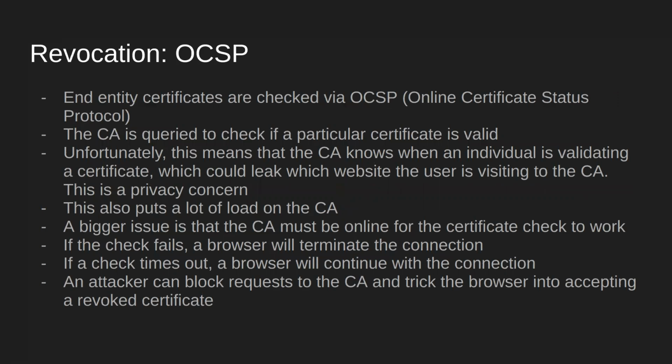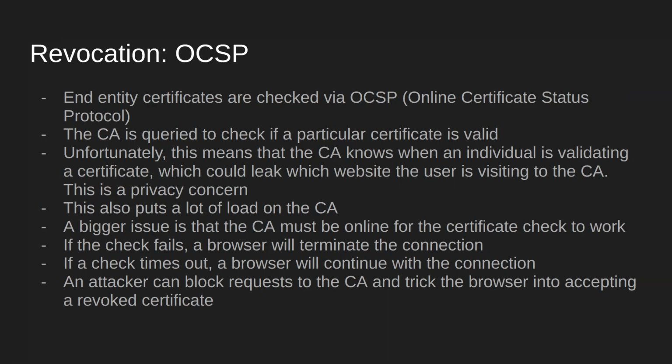The other way of doing revocation is OCSP. You query the certificate authority and ask it if a certificate is valid. OCSP is short for Online Certificate Status Protocol. There's a privacy concern with this, which means every time you want to check if the certificate is valid, you have to ask the CA, which now tells the CA what certificate you're validating.